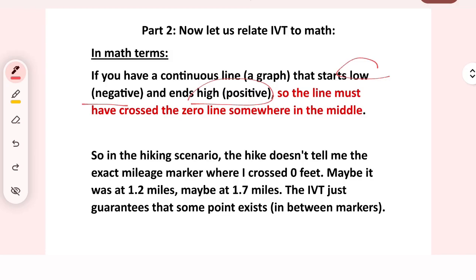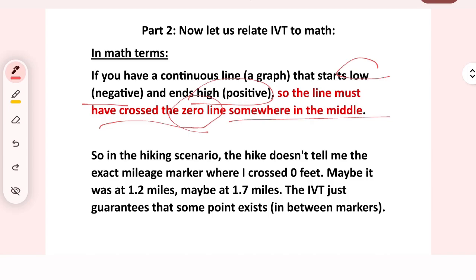So we would assume that the line must have crossed the 0 line somewhere in the middle, right? Because for the line to reach the positive, it must cross the 0 line. Coming from negative, it will cross the 0 line, and from the 0 line it goes to the positive.